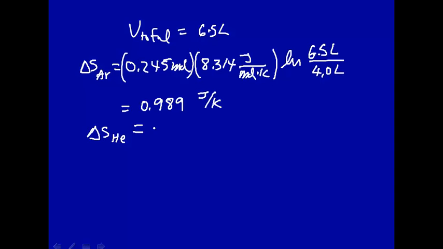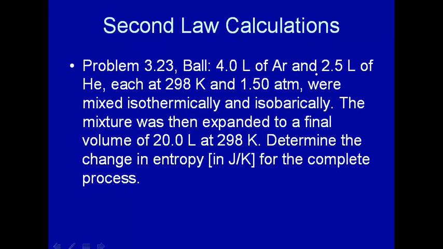Do the same thing for helium. It's 1.21 joule per Kelvin. Note that the entropy change of mixing for helium was greater than that for the argon. And this is an ideal gas, so you cannot explain the difference due to the difference in properties of argon and helium. So why is that? Let's look back here.